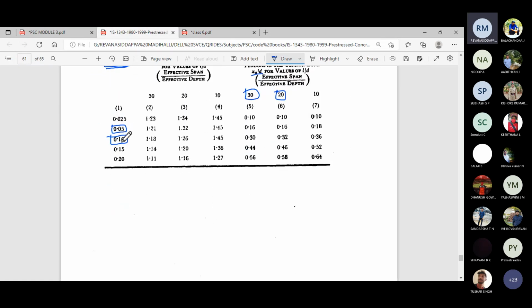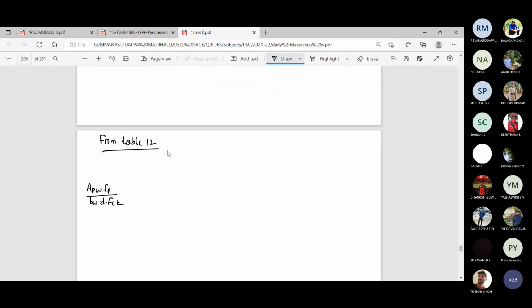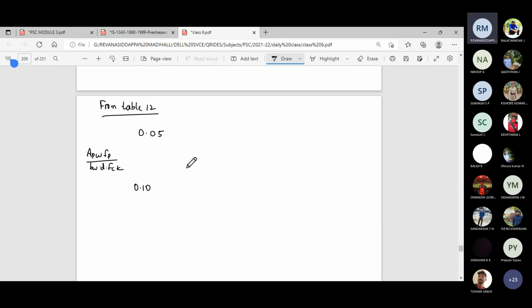We have the values for 0.05 and 0.10, but we want the value for 0.072.